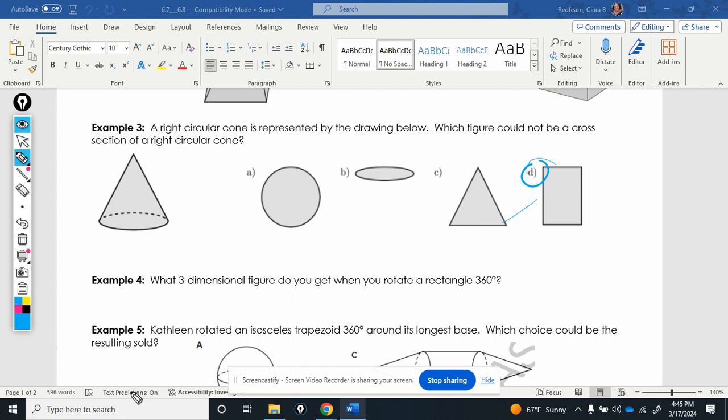Okay. Example four, what three-dimensional figure will you get when you rotate a rectangle 360 degrees? Okay. I have a rectangle right here. If I rotate that rectangle 360 degrees like this, what figure would I create? If you need to look at your phone and use your phone to rotate it, then do that as well. But what figure would it create?